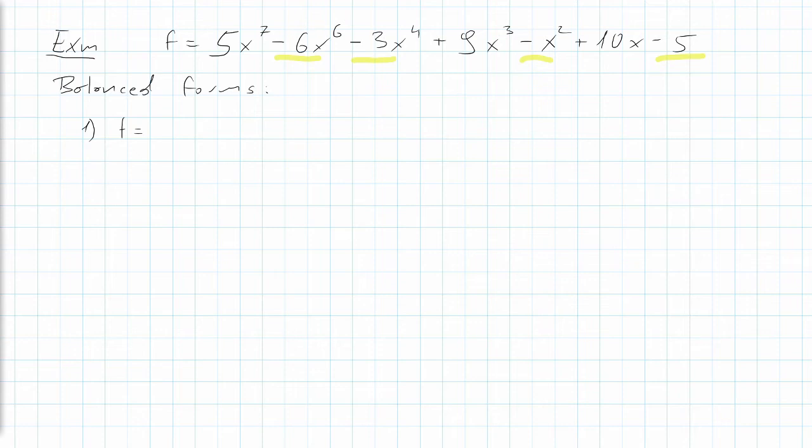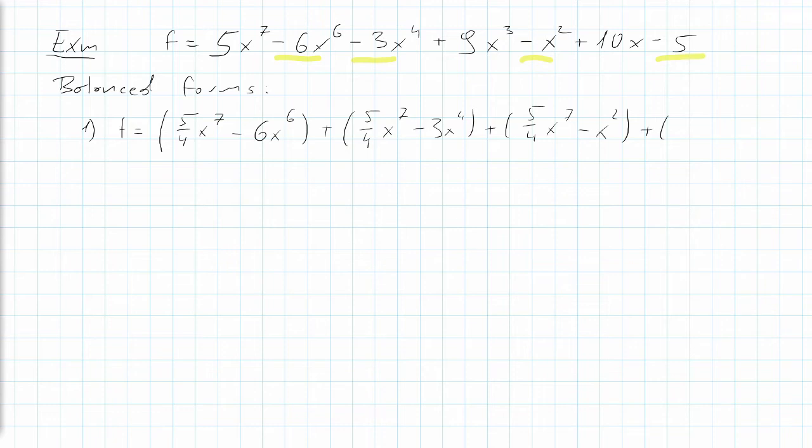So I can write f in the following way: 5/4 x^7 minus 6x^6, plus 5/4 x^7 minus 3x^4, plus 5/4 x^7 minus x^2, plus 5/4 x^7 minus 5, plus the remainder, which would be 9x^3 plus 10x.